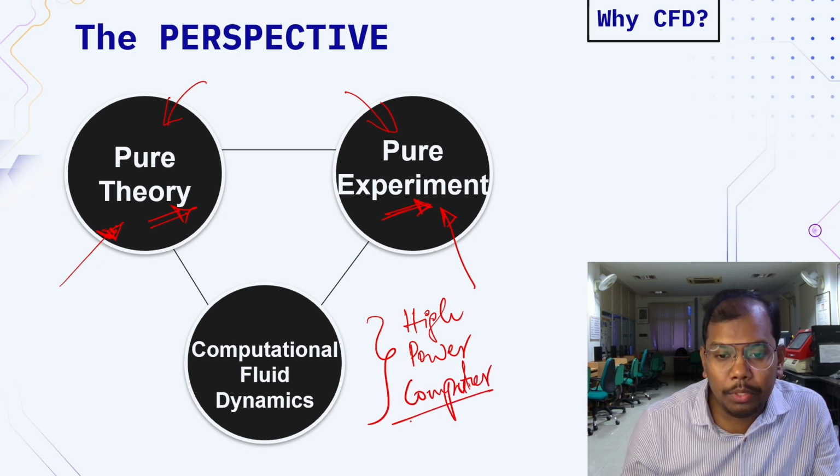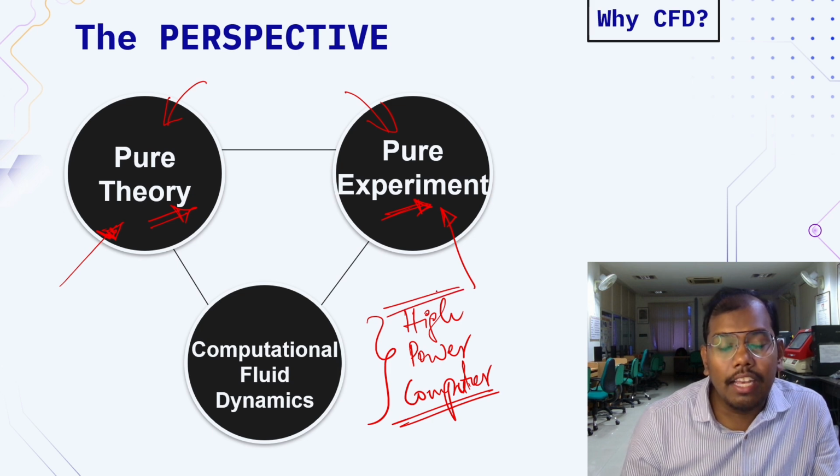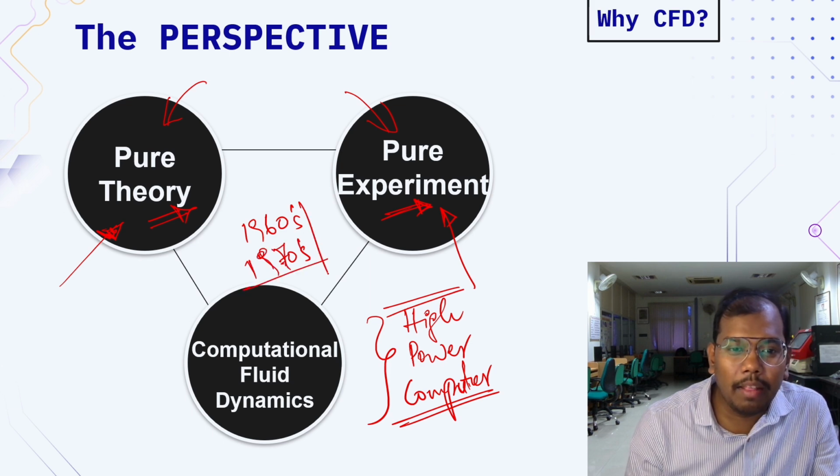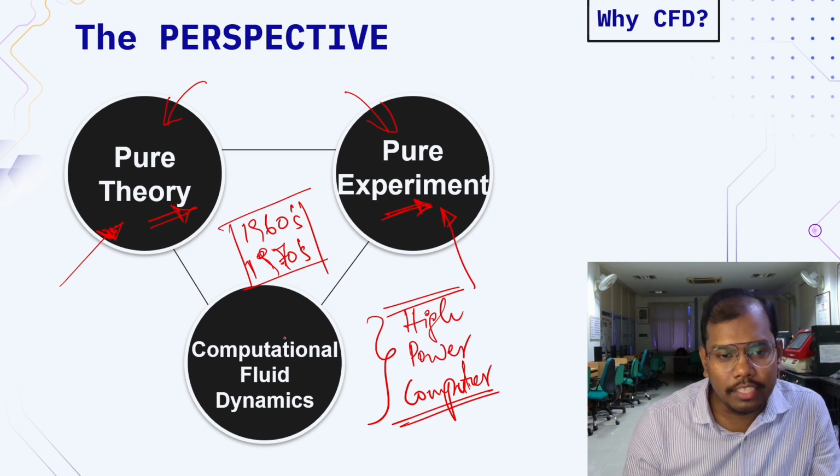when supercomputers which can handle a very high amount of computational power came in around the 1960s and 1970s, CFD changed the way aircraft are designed.